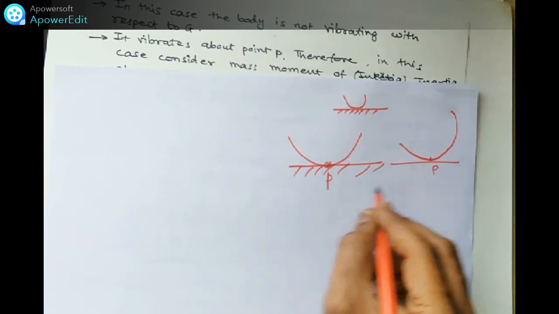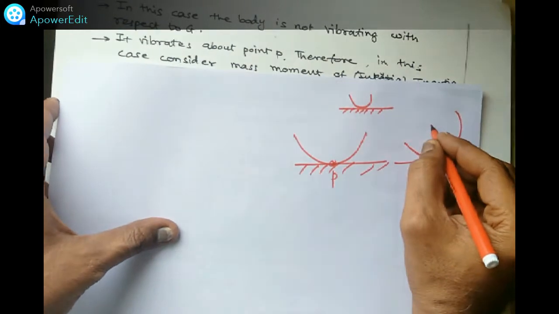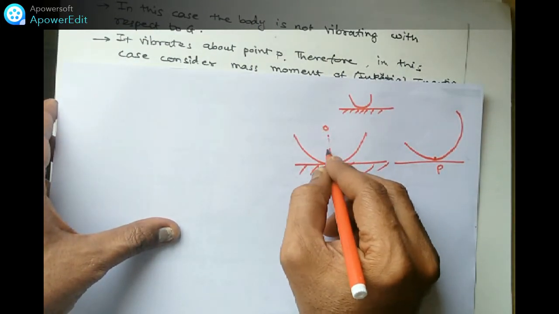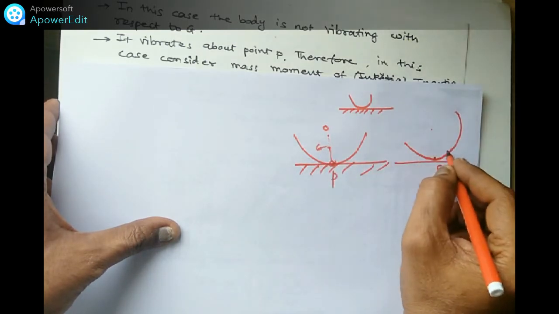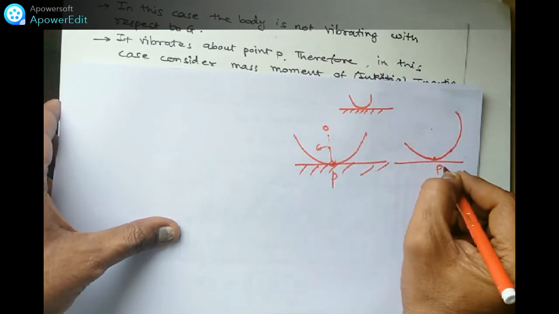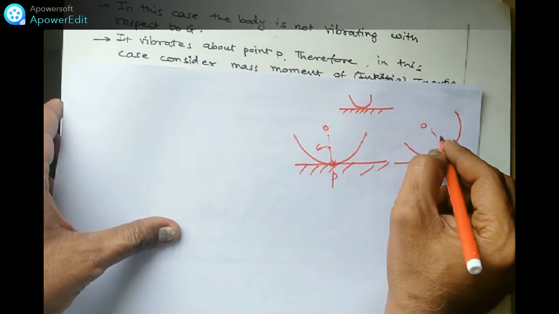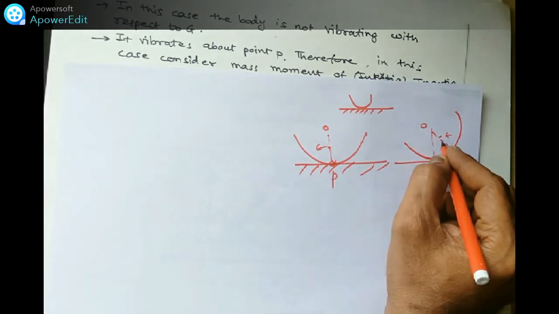So this is the point O, and somewhere here is point G. This point P becomes P dash, and it will rotate like this by an angle theta.